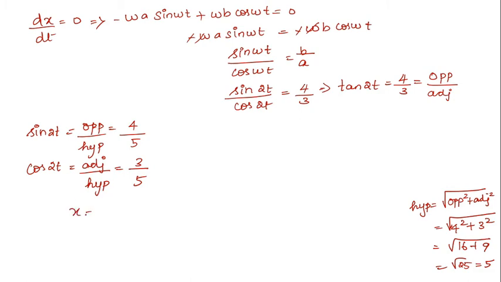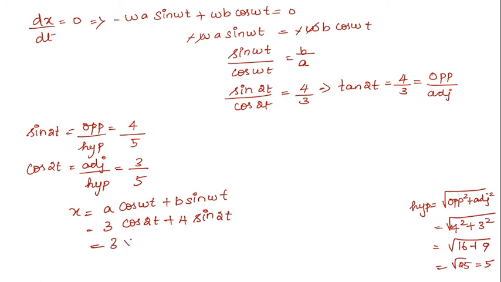So x is equal to a cos omega t plus b sin omega t. So a is 3. So it is 3 into cos omega t, omega is 2, so cos 2t, plus b is 4, 4 into sin omega t, omega is 2, so sin 2t. We know the values of cos 2t and sin 2t.